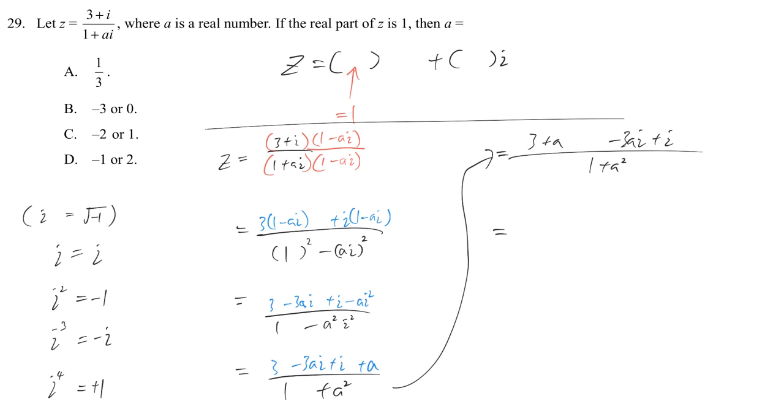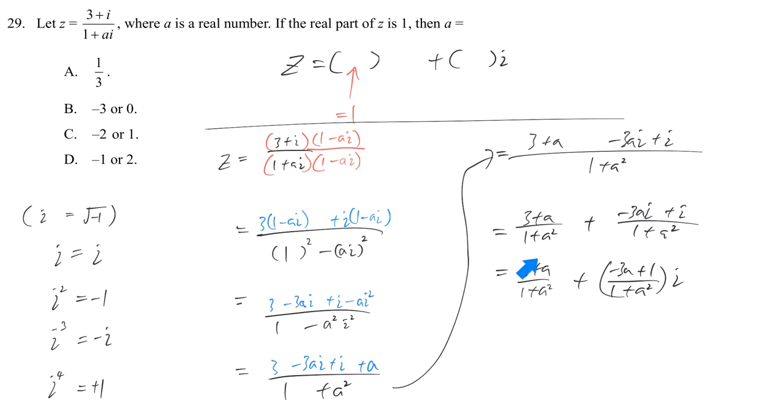We are going to separate it: 3 plus a over 1 plus a squared, together with another part, negative 3ai plus i over 1 plus a squared. I suggest you don't write the negative here, otherwise this sign will be affected and usually you will forget it. But anyway, just now what we said, this is involving i. So to be more obvious, I can rewrite it this way: I extract i outside, so we have negative 3a and positive 1 here.